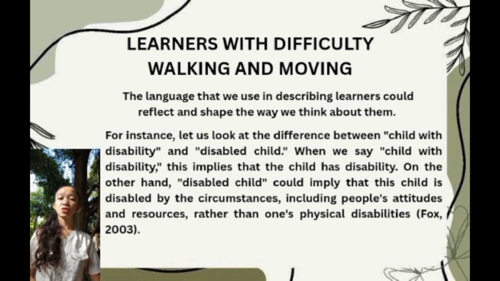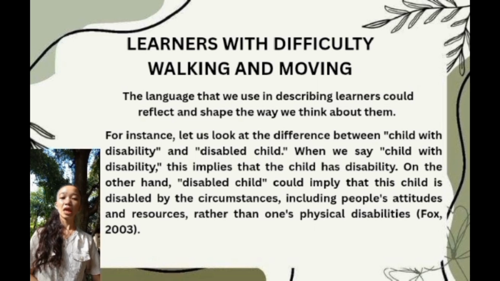First, the language that we use in describing learners could reflect and shape the way we think about them. For instance, let us look at the difference between "child with disability" and "disabled child" according to Fox 2003.